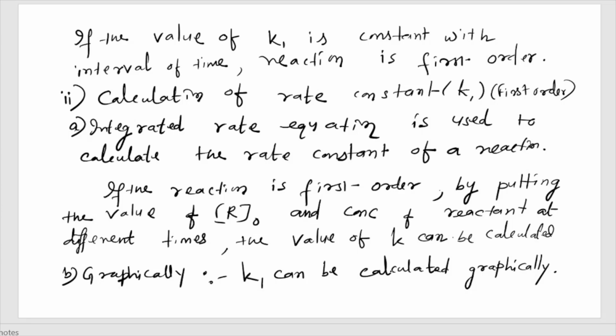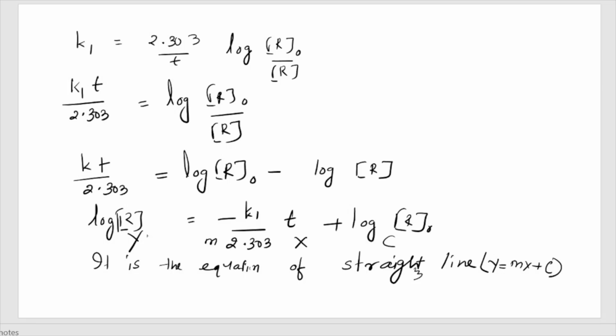How will you calculate the rate constant K1 for the first order? From the integrated equation or from the different graphs. If the reaction is first order, by putting different values of the reactant concentration R0, the value of K can be calculated. If the value remains constant, then it is the rate constant for the first order reaction.